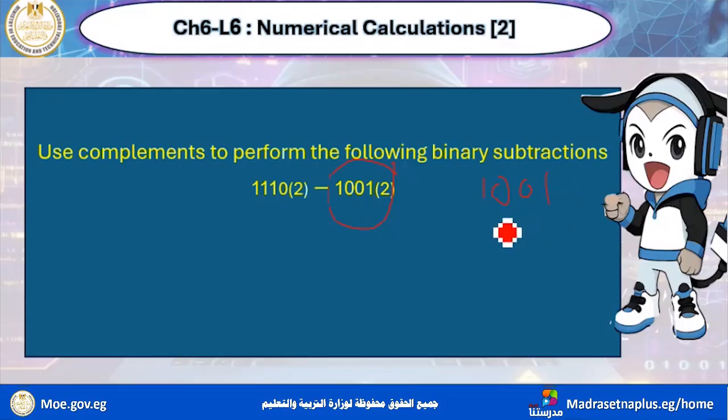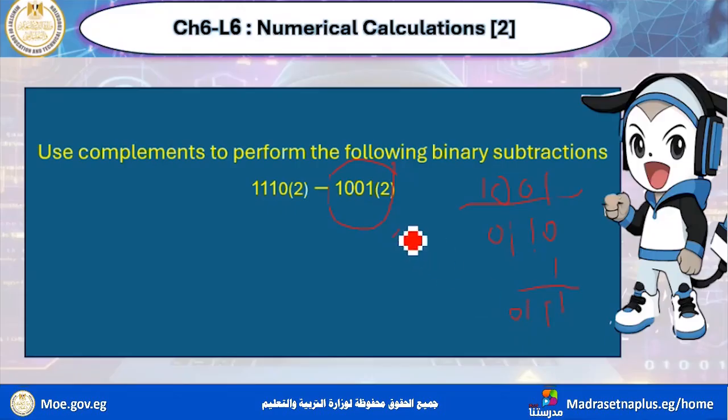Now we invert each 1 to 0 and each 0 to 1. So the number will be 0, 1, 1, 0. Now add 1. The number will be 1, 1, 1, 0.